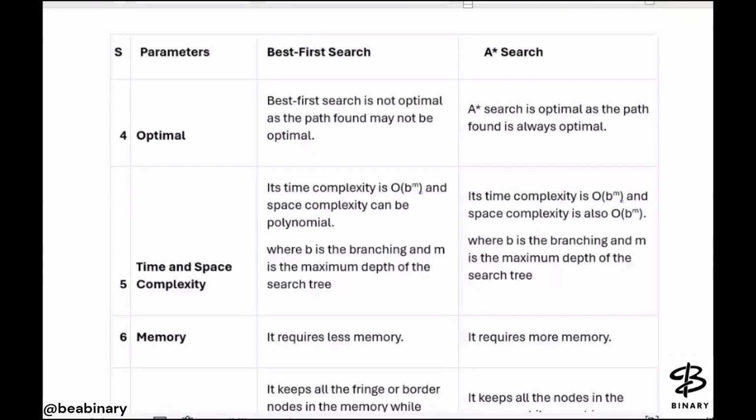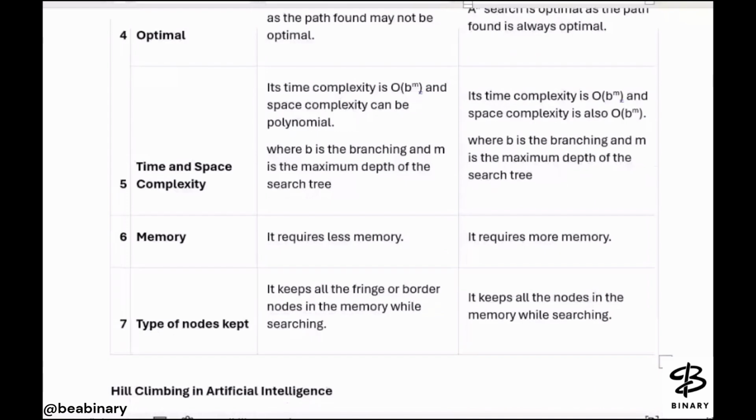Space is what any algorithm requires for execution. Okay, space. Then what about memory? BFS requires less memory.